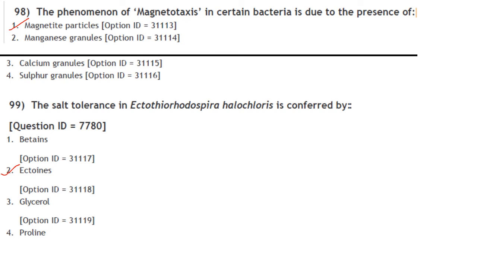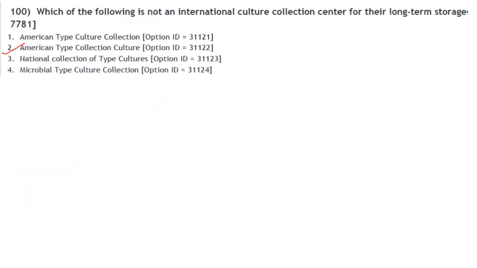The salt tolerance in Ectothiorhodospira halochloris is conferred by ectoines. Answer is option 2. Which of the following is not an international culture collection center for long-term storage? It is American Type Culture Collection.